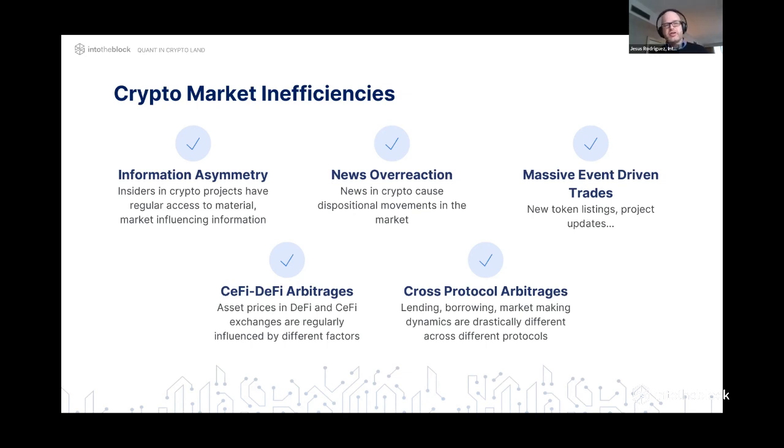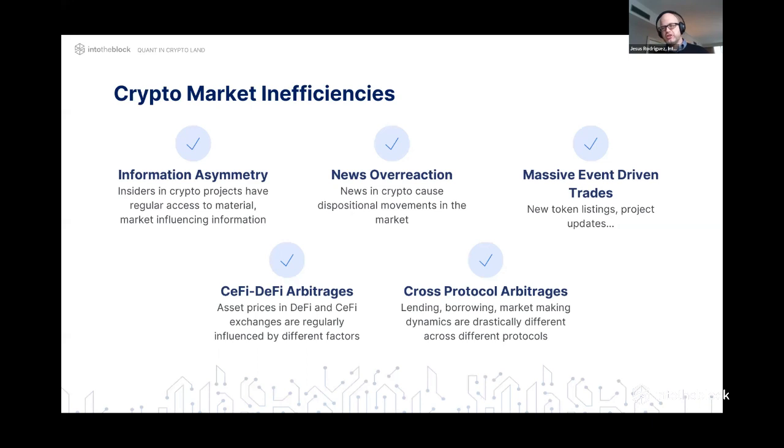In the current crypto ecosystem, news moves the market in a disproportional way. There is a huge gap in terms of arbitrage between centralized exchanges and decentralized exchanges, as well as arbitrage between different protocols in DeFi. And then there's the impact of what we call event-driven trades.